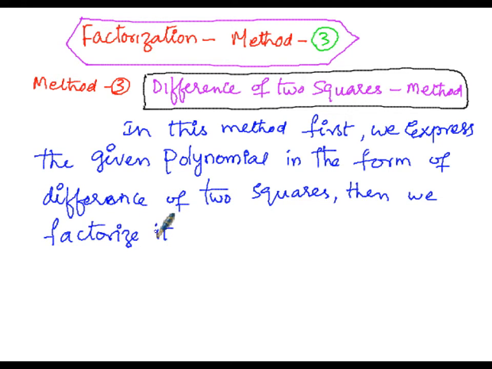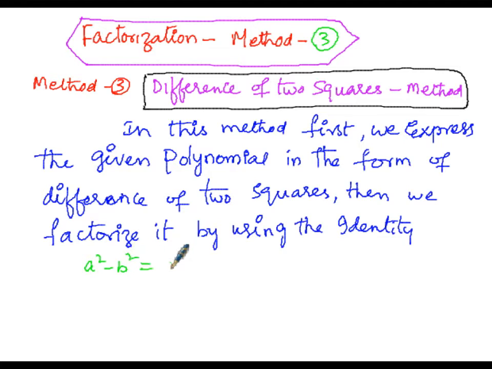We factorize it means the given polynomial will be factorized by using the identity, that is, a square minus b square equals a plus b into a minus b.